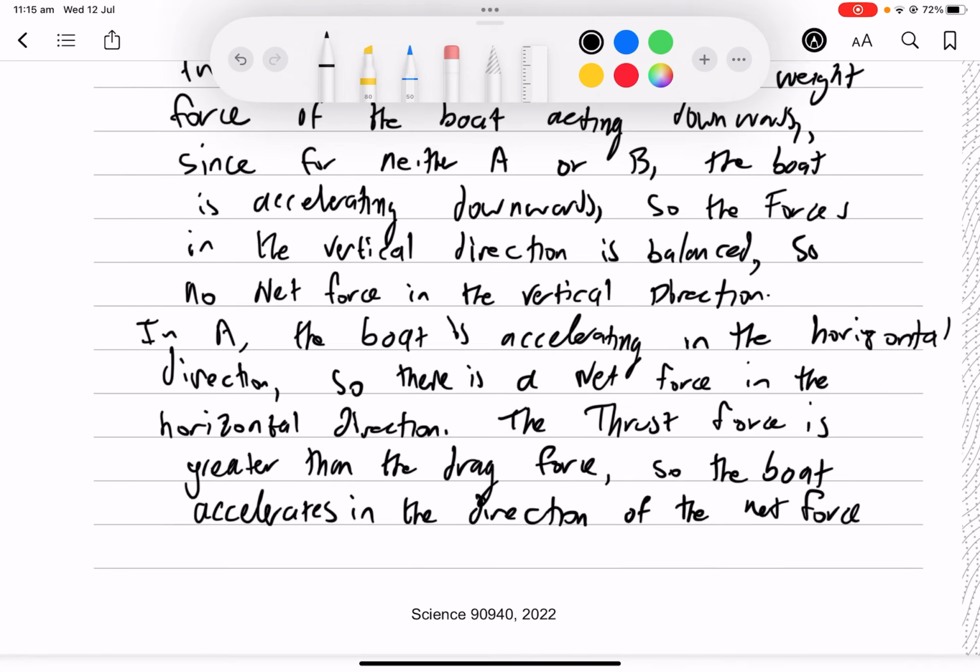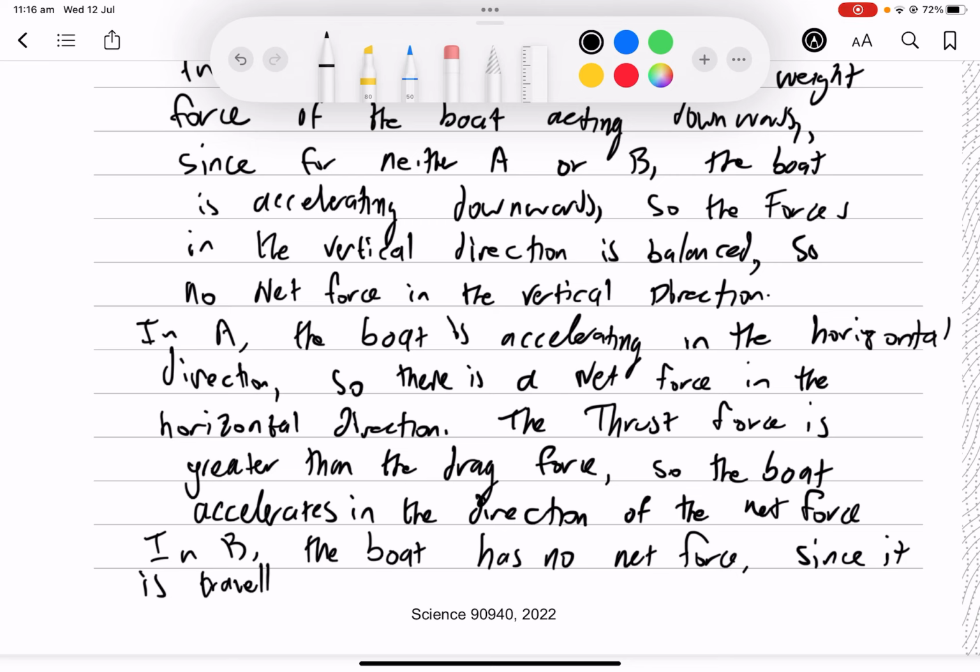In section B, the boat is at a constant speed, so there's no net force on the boat, so the thrust is equal to the drag. So it's traveling at a constant speed.